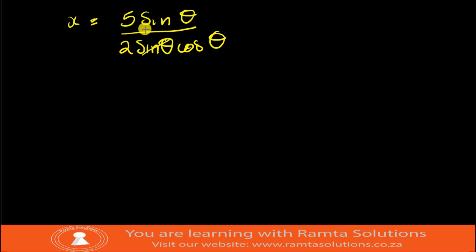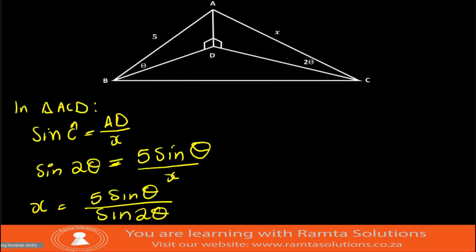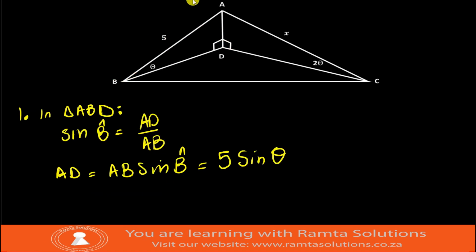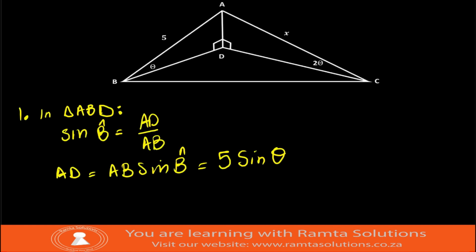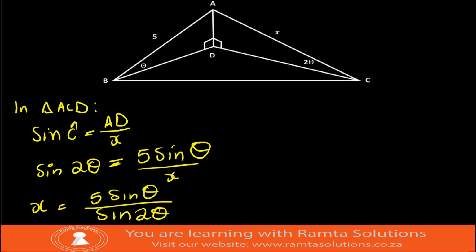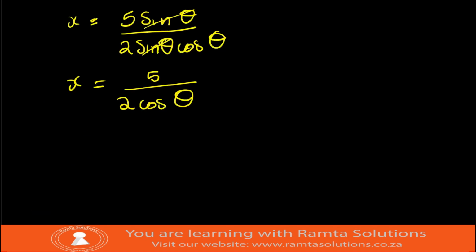Now, as you can see, the sines are cancelling, so we are left with 5 over 2 cos theta. So we were able to prove number one. We are on the right track.